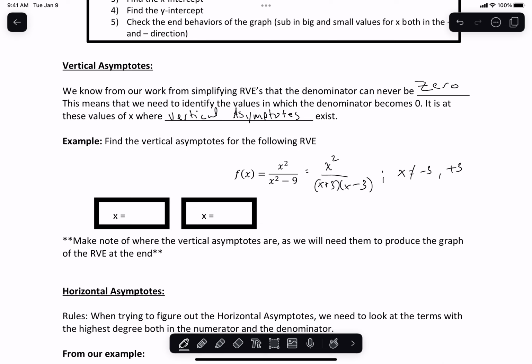So in all the simplification work we've done, there have been instances where I was able to divide something out between the numerator and denominator. That would have been what we would have classified as a hole in the graph, which doesn't happen in this question. So any of the restrictions that remain at the very end, after you're simplifying, are what we deem as vertical asymptotes. And they take on an equation, like your axis of symmetry.